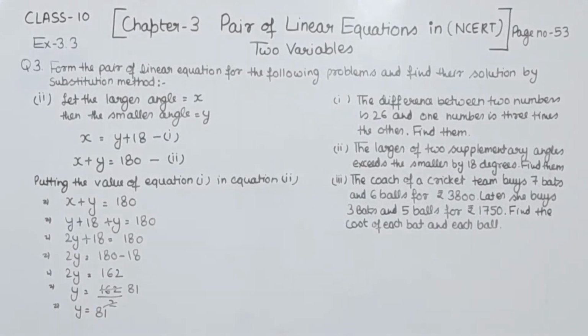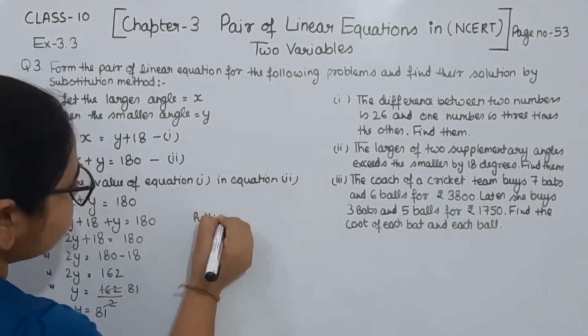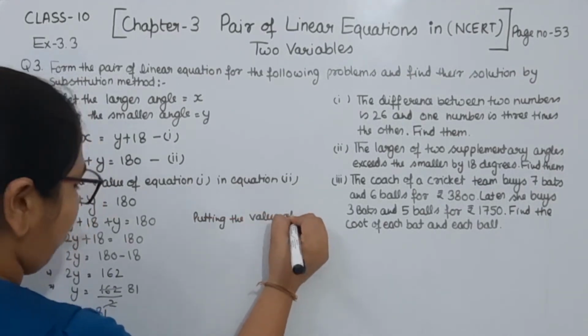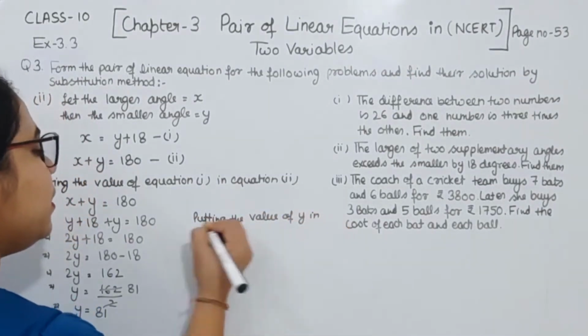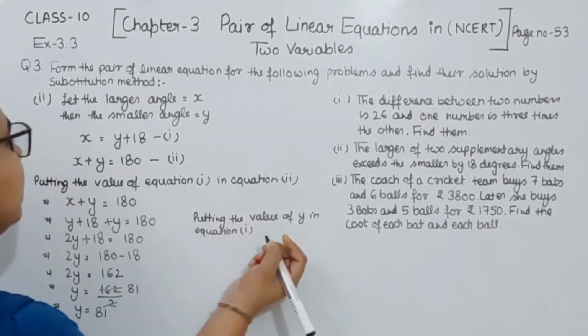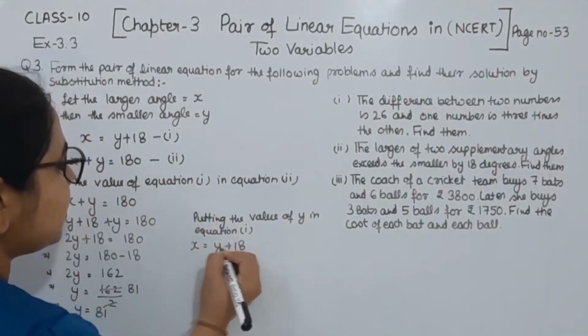Now we have to find the value of x here. So I'm going to put this value in equation number 1. Putting the value of y in equation 1. And the equation we are having is x is equal to y plus 18.